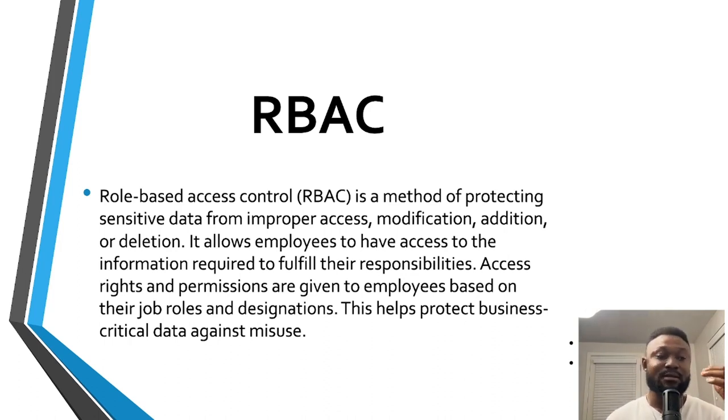Every company has very sensitive data or information in an organization. So whenever you are implementing RBAC, it helps because it restricts people from getting access to certain resources. For example, it's going to prevent people from deletion. Whenever you implement RBAC on AWS, you specify the permissions that a person is supposed to have to do their job.